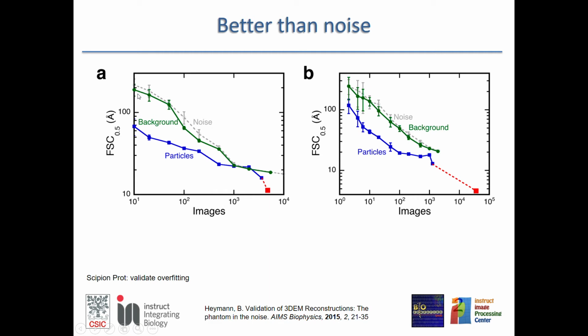But then, if I do the same with noise particles, so there is absolutely no signal in these images, I take noise images, I align them with respect to a reference, and then I make a 3D reconstruction. The more noise particles I add, the resolution also improves.